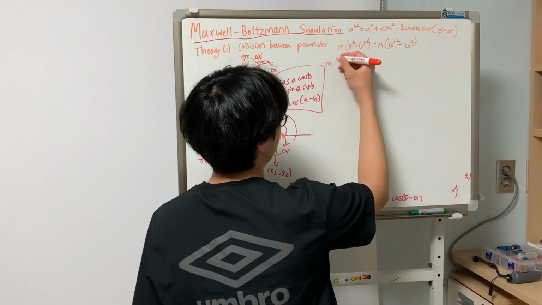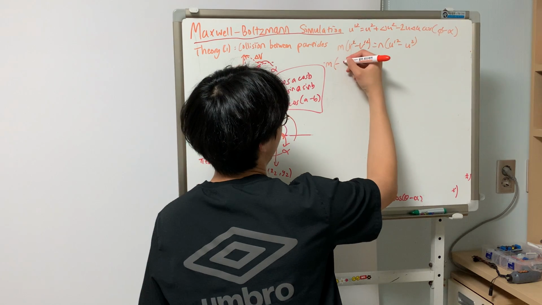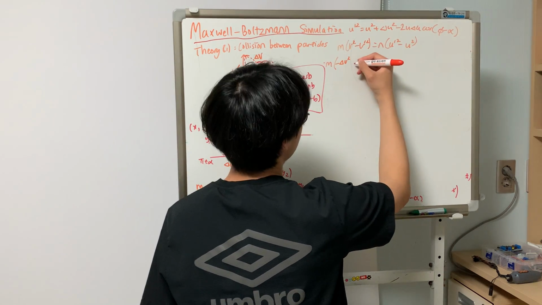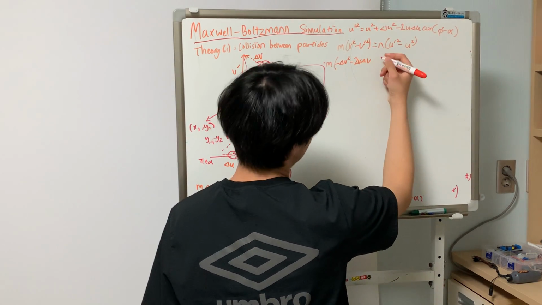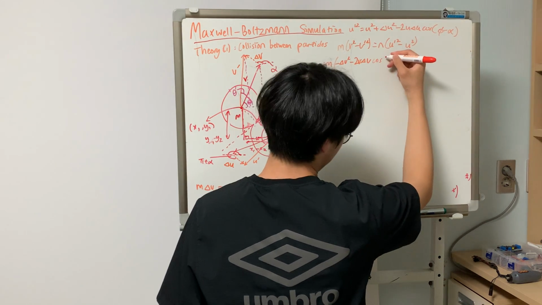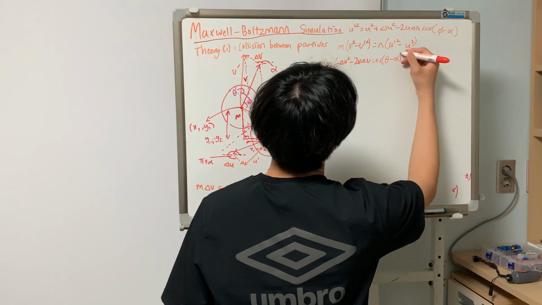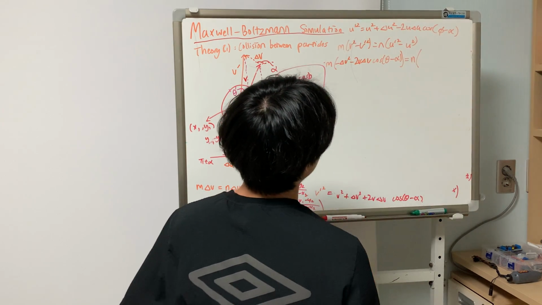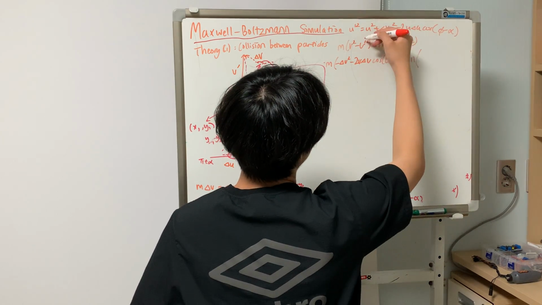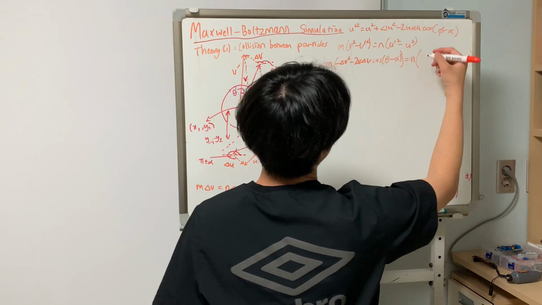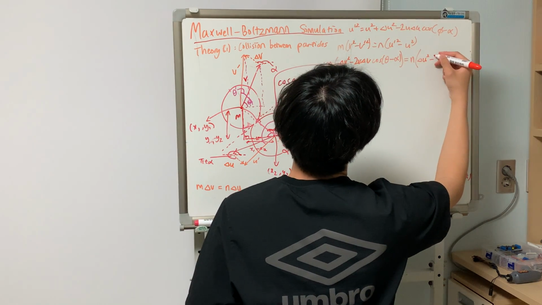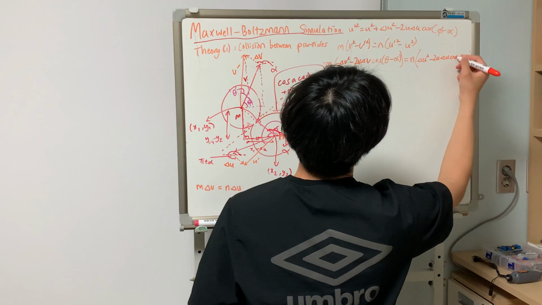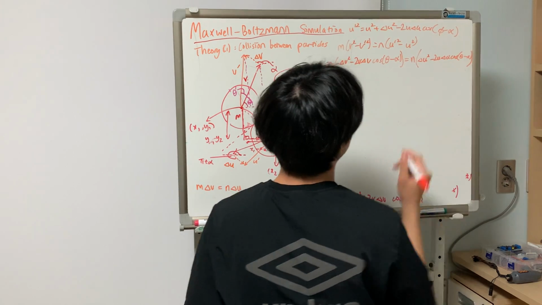So we have n times minus delta v squared minus 2v delta v cosine of theta minus alpha. That's equal to n times u prime squared minus u squared. So what we have is everything else except u squared: delta u squared minus 2u delta u cosine of theta minus alpha.